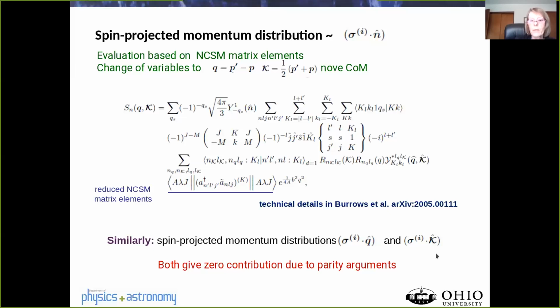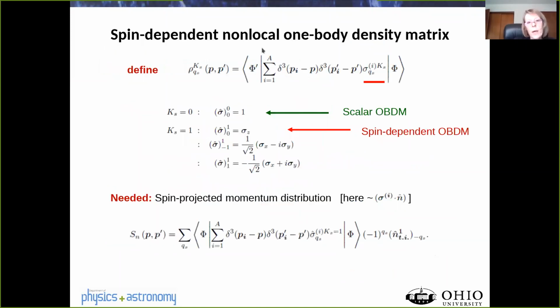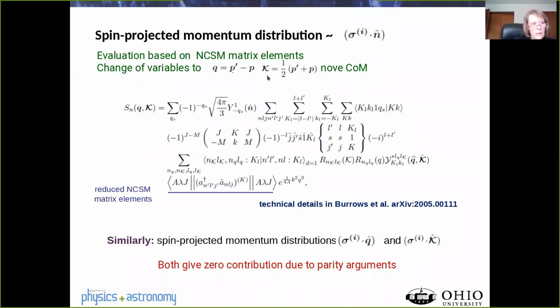And you discover that both give 0 contribution. Numerically, we checked it, but you can also think about it. Because this is a matrix element. If I go back up here, this is the general expression. I have a state, maybe the ground state, and some other state phi prime. But the point is, if I scatter from the ground state, or if I have left and right the same state, they have the same parity.